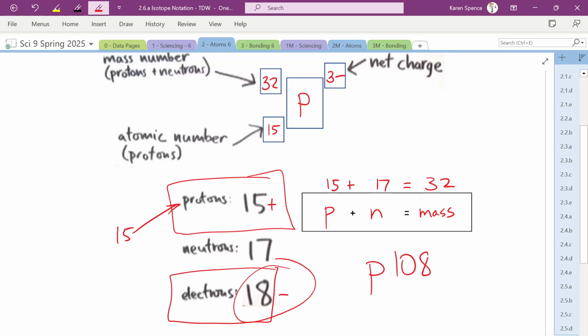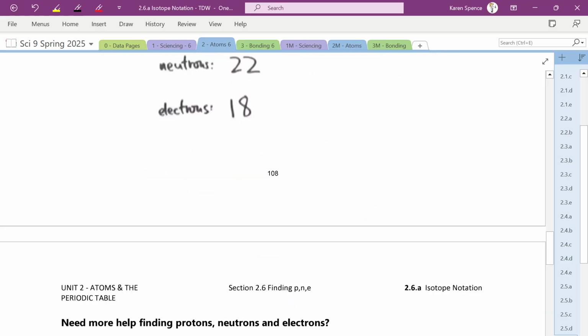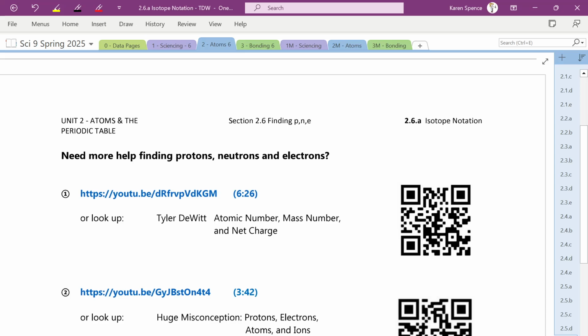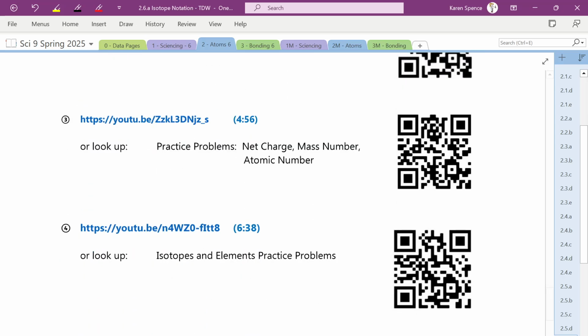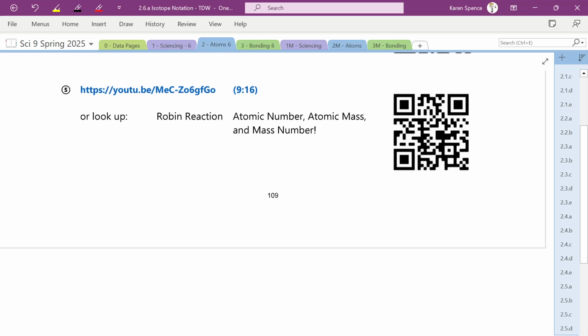Now, if you're like, oh my gosh, Miss Spence, this finding protons, neutrons, and electrons is so complicated, you can find videos on page 109 that will help you out a lot. So I am going to suggest that for the rest of the period, you work on page 110.